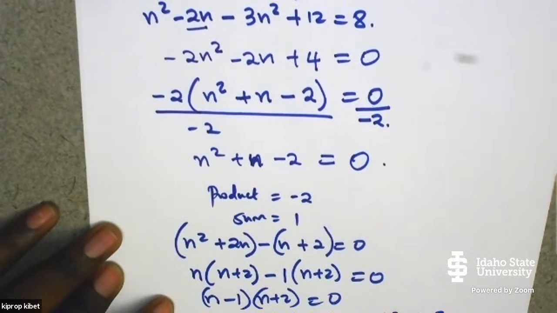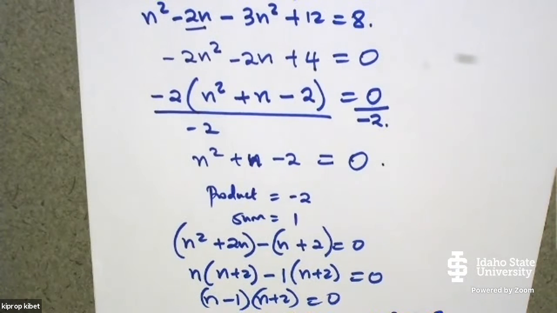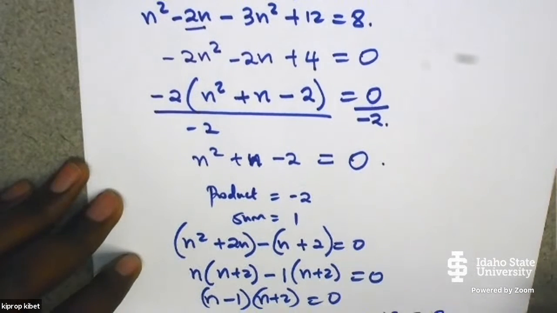Are we together? So our n equals 1, n equals minus 2. So our solution now, n equals 1, comma minus 2. Okay. Any question after that?